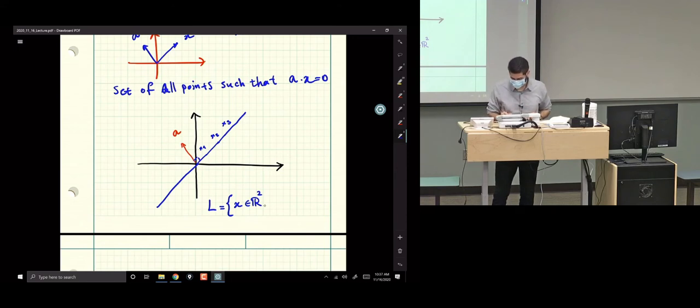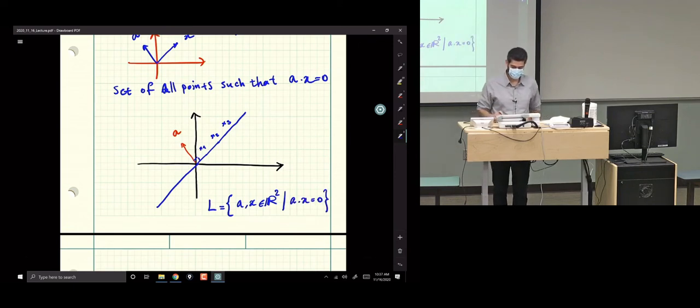So in 2D, I guess we need to define A such that A dot x equals 0, right? You could write it different ways. This is one way, seems correct as far as my imagination goes. This defines a line.